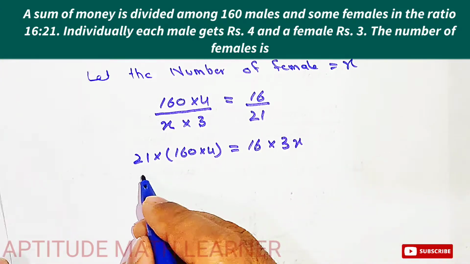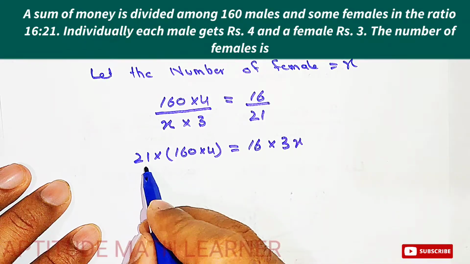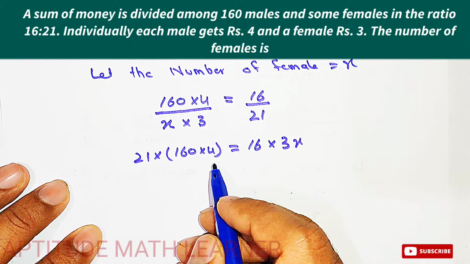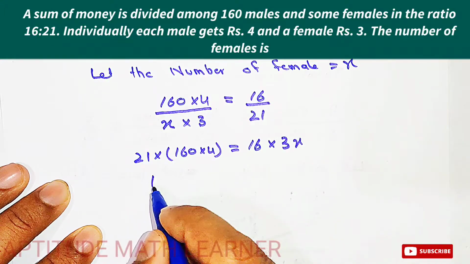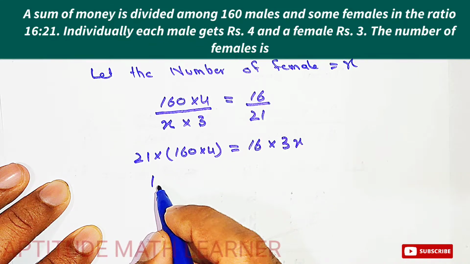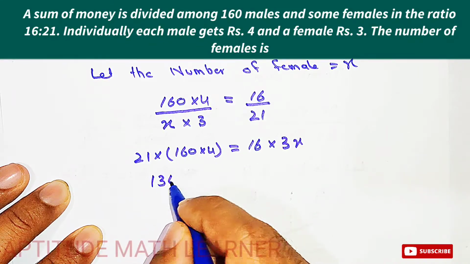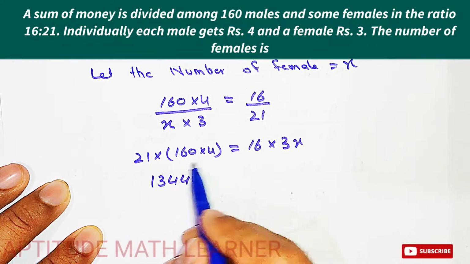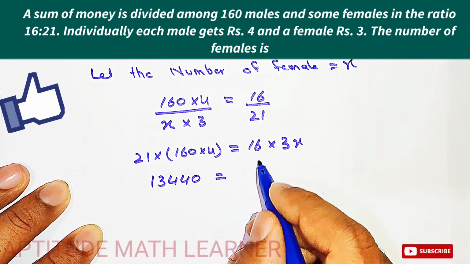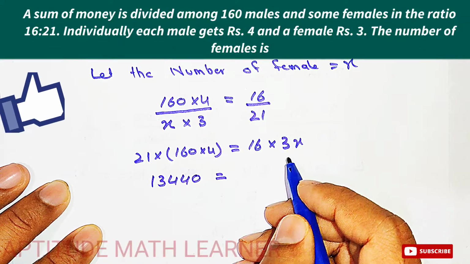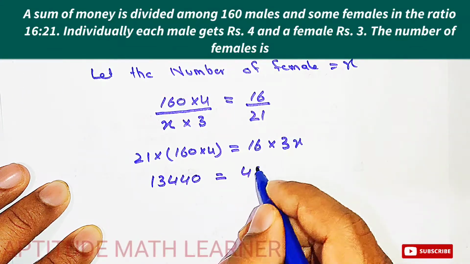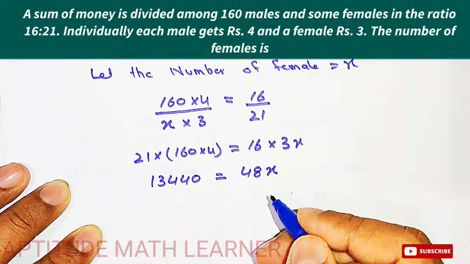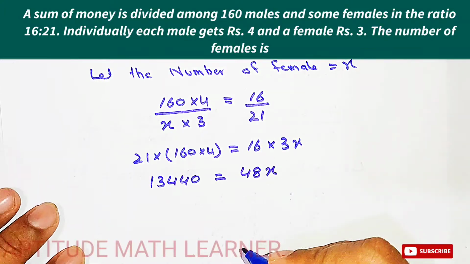If we multiply 21 by 160 by 4, we get the answer 13,440. This is equal to 16 multiplied by 3, that is 48, and this is X, 48X. So this X is the number of females we have to find.